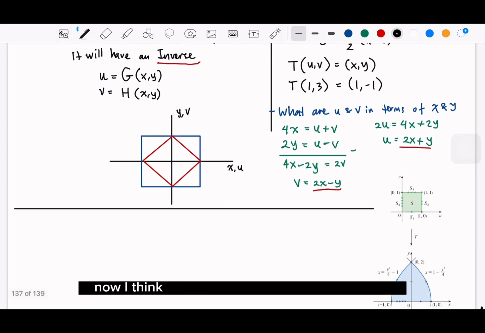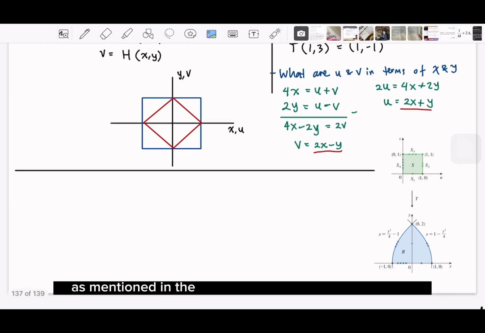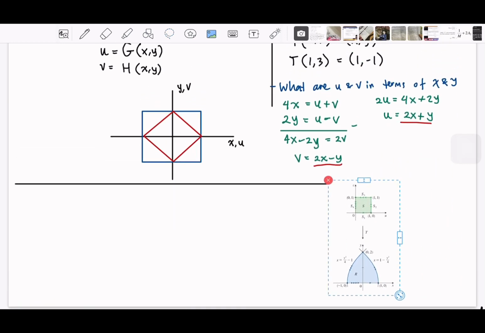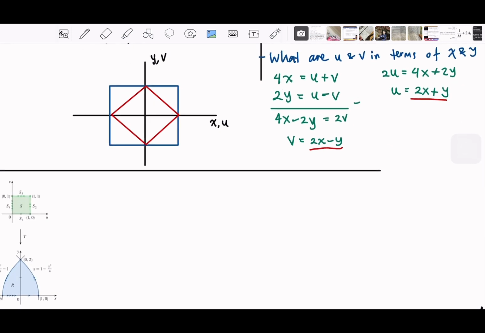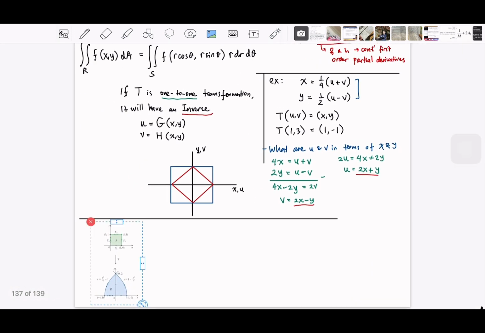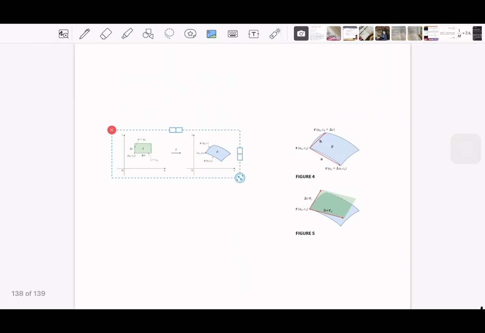Now I think for a little bit more complex example here, as mentioned in the textbook, we are going to see here. I think I need more space. Let me just copy that to here.